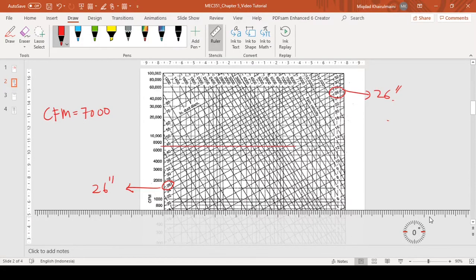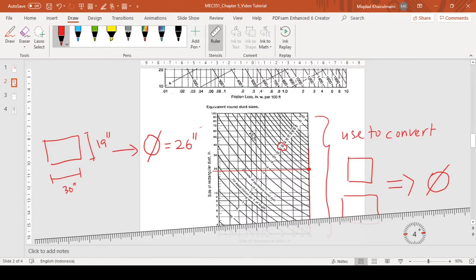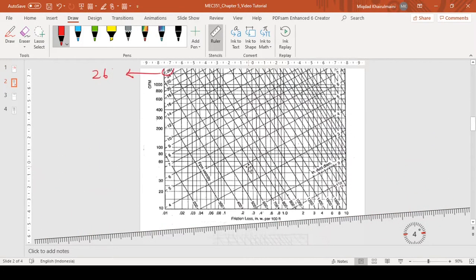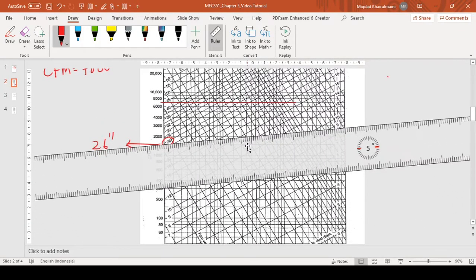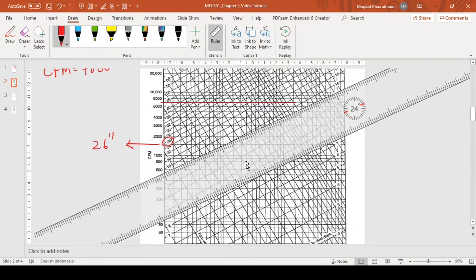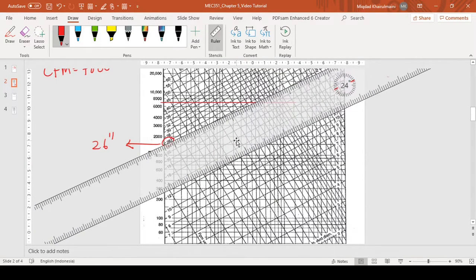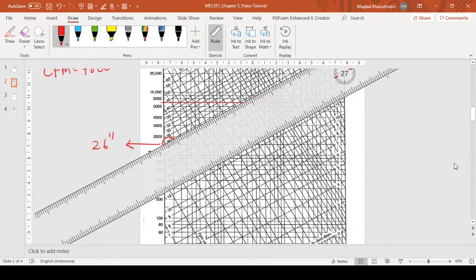In order for us to draw the line, here we have the ruler. We'll try to draw as straight as possible. Here we can see that the 26-inch line will intersect somewhere here.